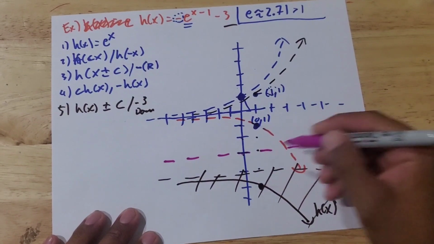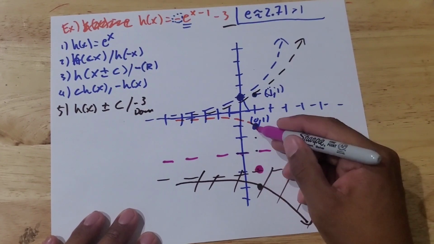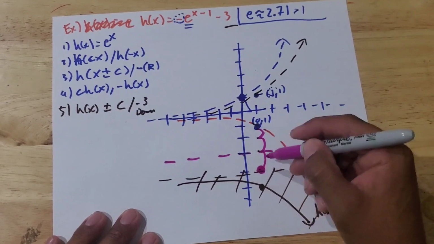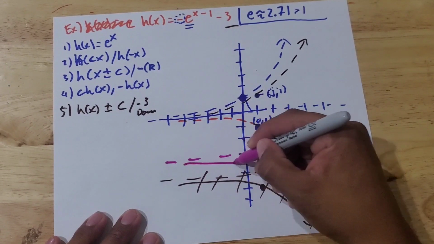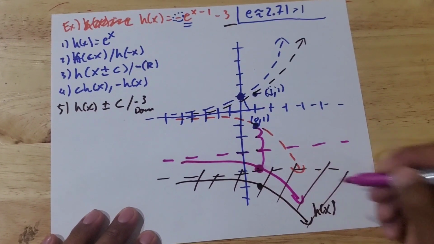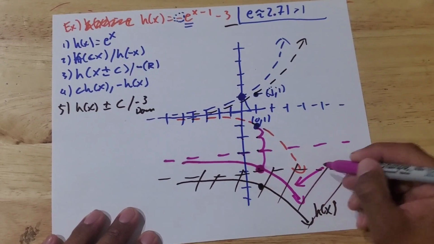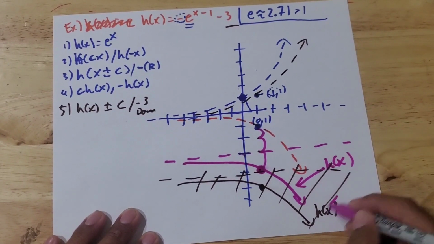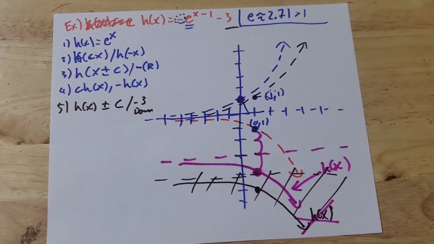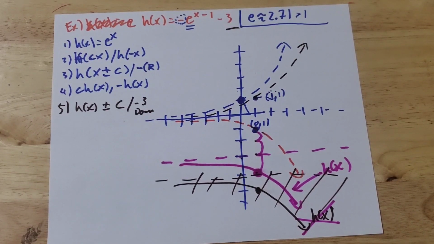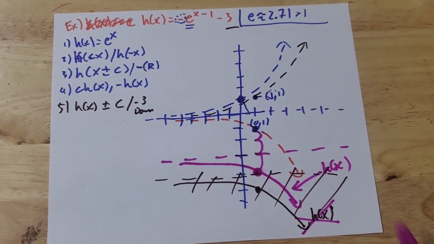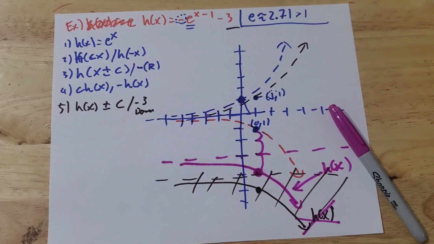This is where it's going to finish. And that point is coming down 1, 2, 3 as well. And this will be the parent function right there. That's our true h of x, not this one. I just shifted it down too much. Hopefully that doesn't cause too much confusion.